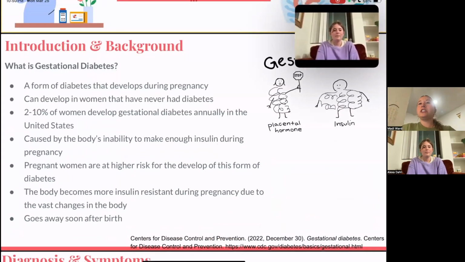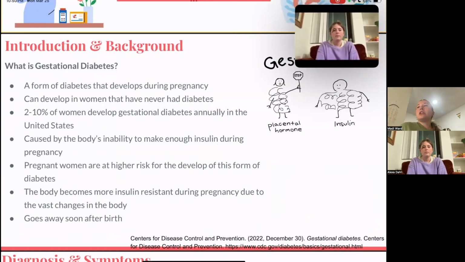So, what is gestational diabetes? Gestational diabetes is an extremely common disease found in about 2 to 10% of women that are pregnant in the US. This disease can develop in women that do not already have diabetes due to the vast changes that are occurring in their bodies due to their pregnancy.